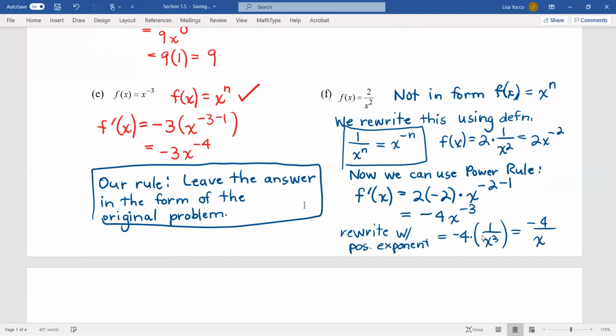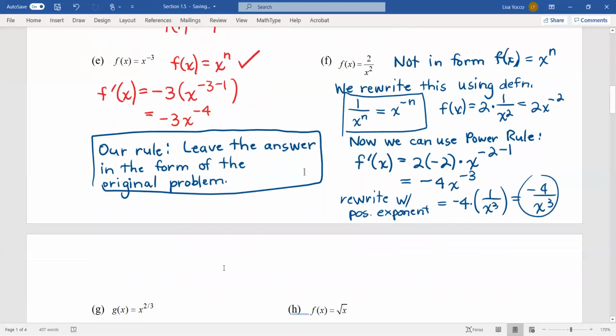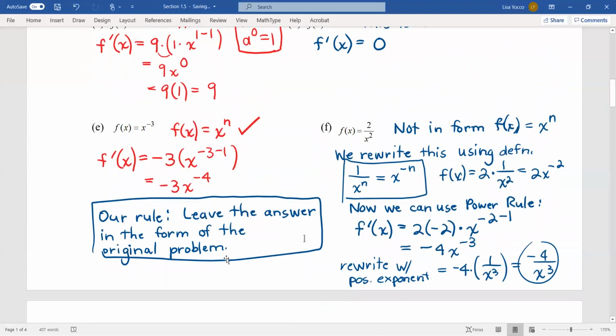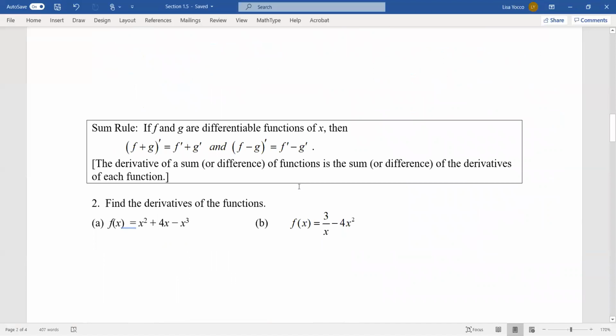And then multiplying those together, I get negative 4 over x cubed. All right.